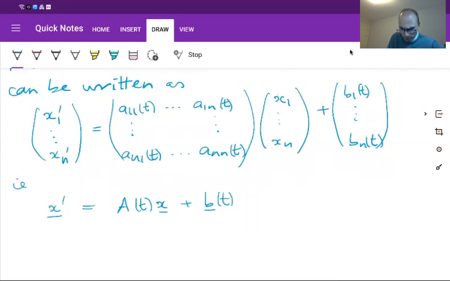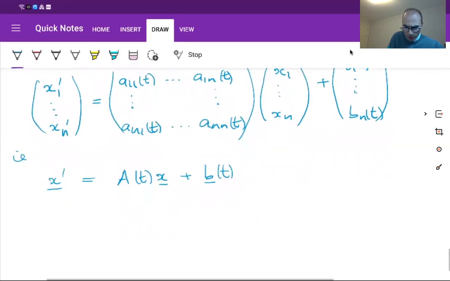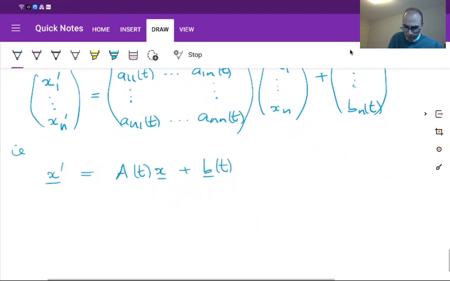Typically we'll be considering the case where A is a constant matrix, though the theory will also say something about the case where A depends on t. Our aim is to understand this equation and find solutions of it.